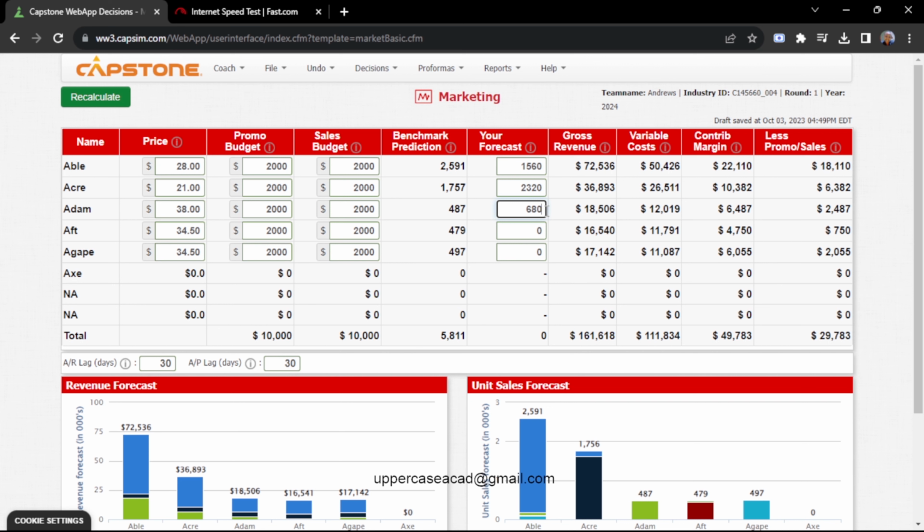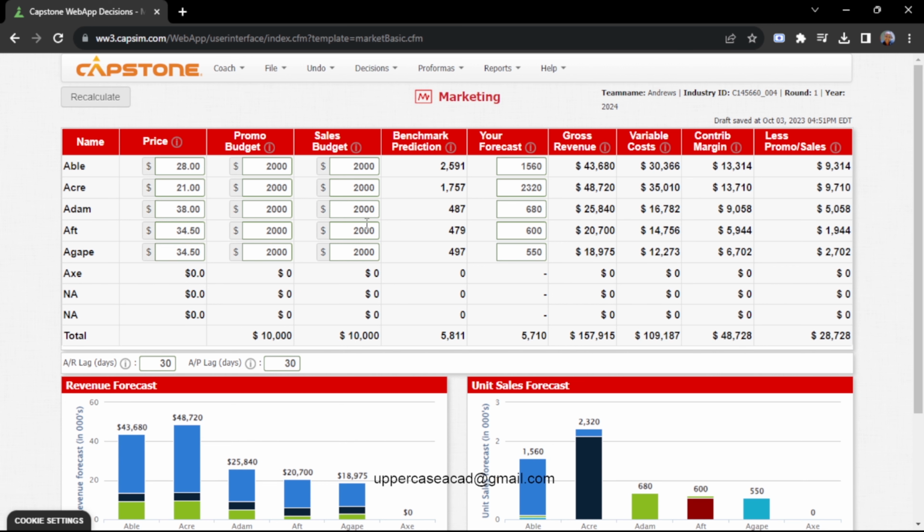In the performance market segment, Aft will sell 600 units, and AGAP will sell 550 units. So I'll recalculate. After recalculating, we see my benchmark prediction. This benchmark just shows you the approximation, not the real value.